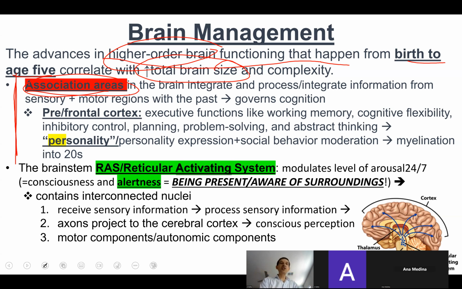So association areas in the brain integrate and process information from various areas: sensation, motion, history, and so on. For example, the ball is flying toward you.